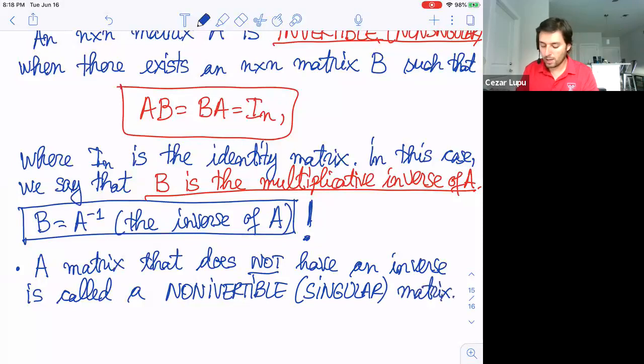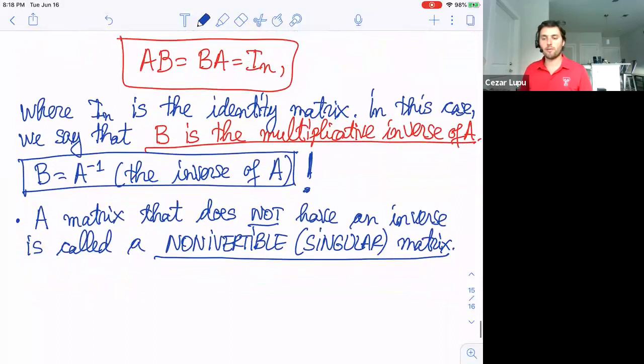Anyway, you'll see next week that there will be a criterion for a matrix to be invertible, which will involve what we will call the determinant of a matrix. So we're not going to use that in today's lecture.